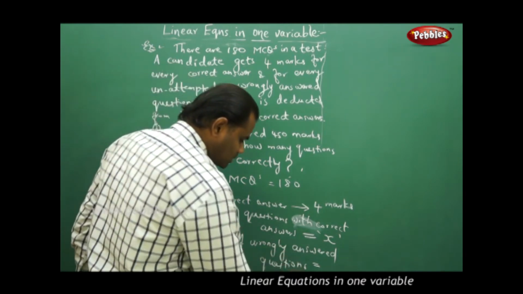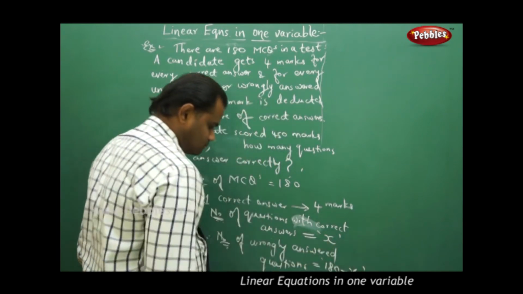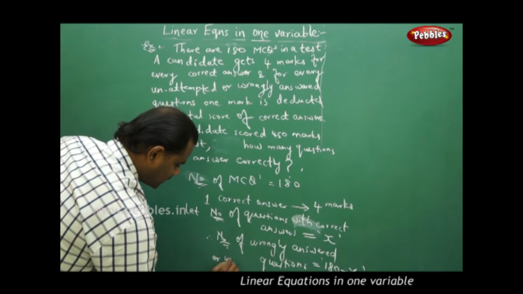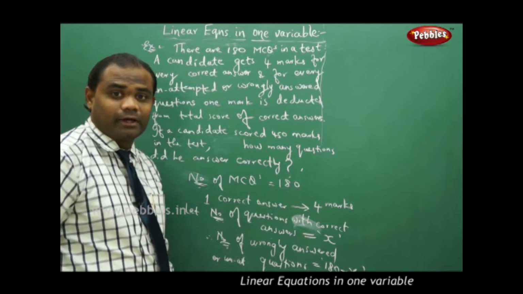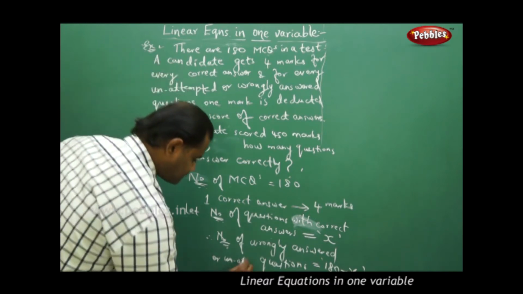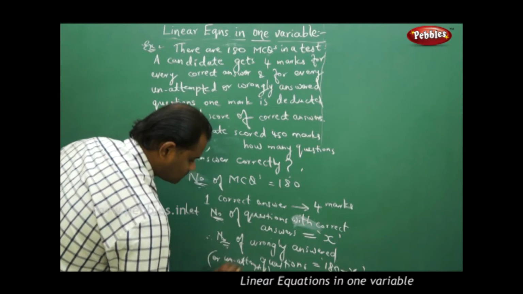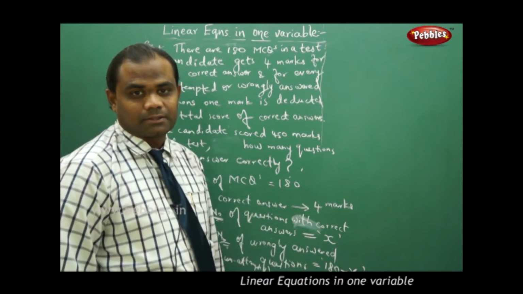So the number of wrongly answered questions would be 180 minus X. You can also take unattempted, because there might be some cases where the student has not attempted at all. So that comes under wrong.